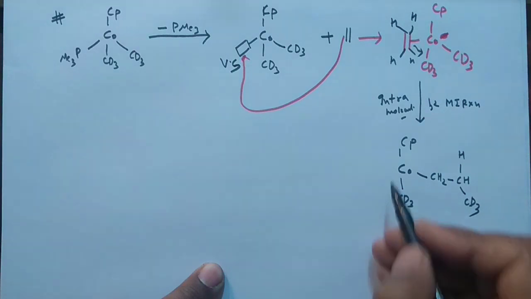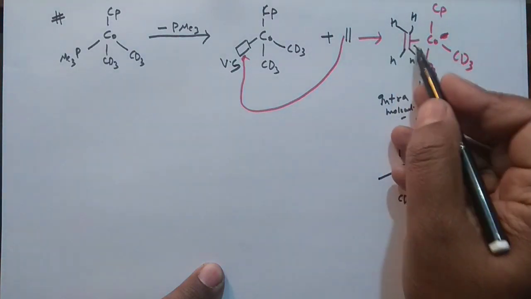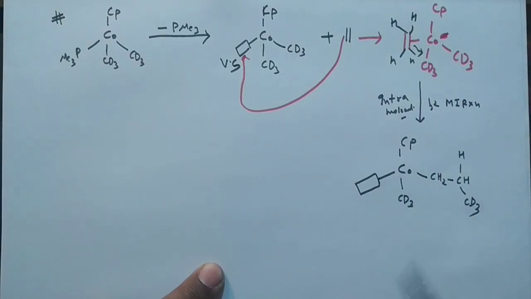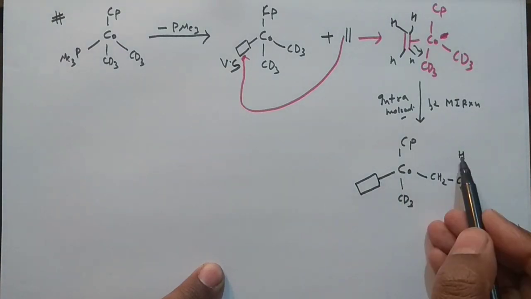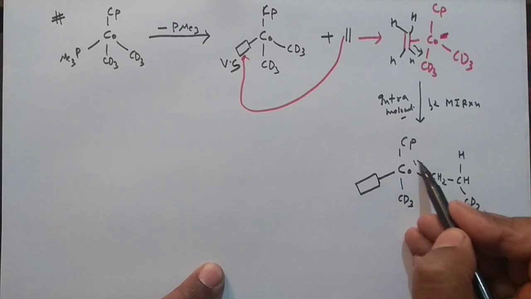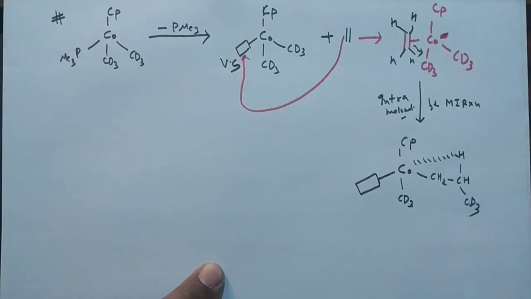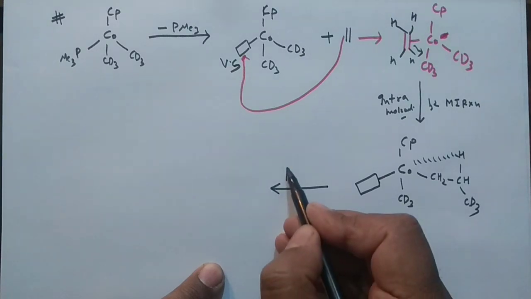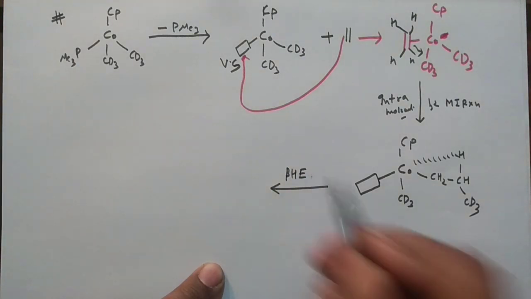Okay, and after that, because it has moved from here to here, it will create another vacant site. Now you can see this cobalt and hydrogen have a cis coplanar relationship, so they can interact agostically, and when they interact agostically, obviously your beta hydride elimination would occur.